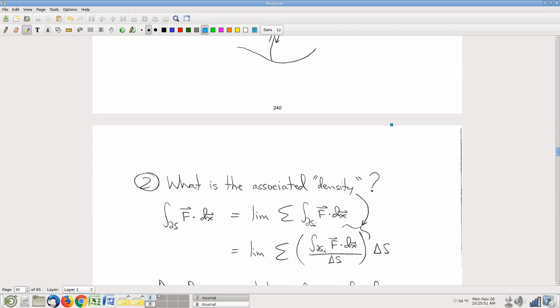Okay, so right, a boundary circulation on a surface, just like it was in Green's theorem for a two-dimensional region, is a summation of boundary circulations over these interior pieces, just like it was in Green's theorem with interior pieces of area.